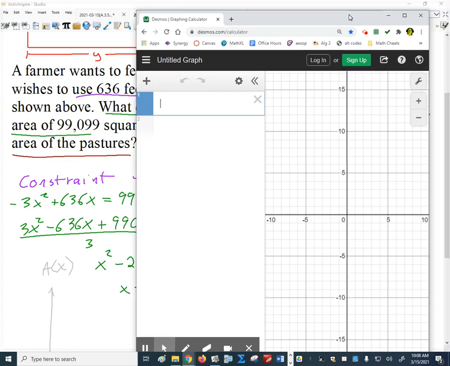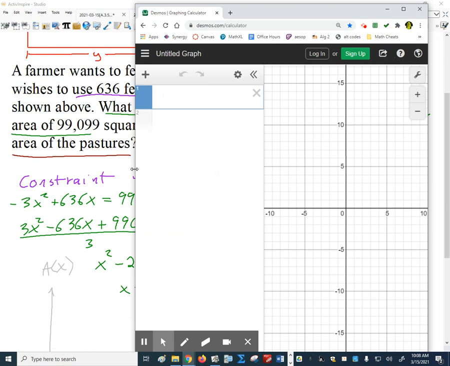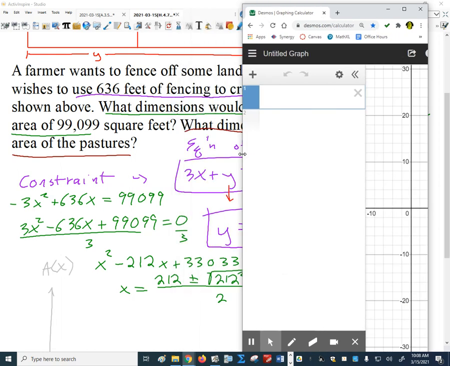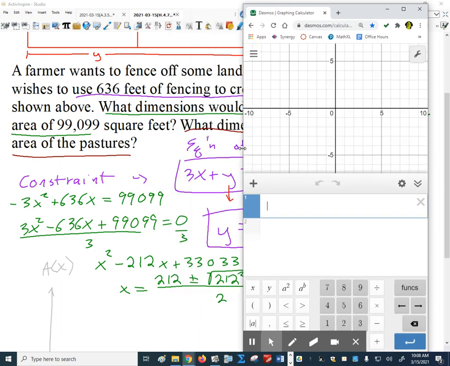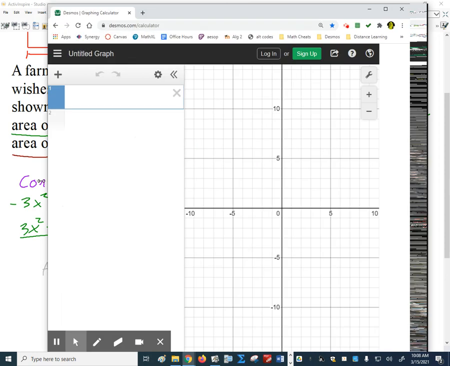We're going to graph the function f of x equals x squared minus 212x plus 33,033. Let's see what that looks like.